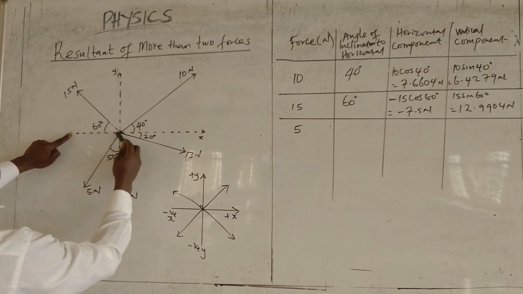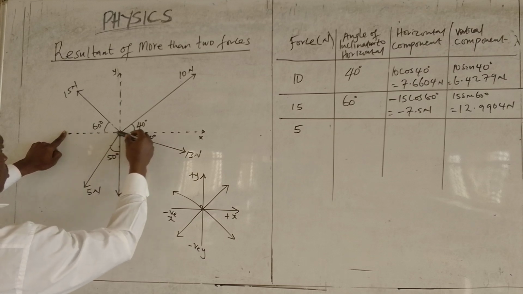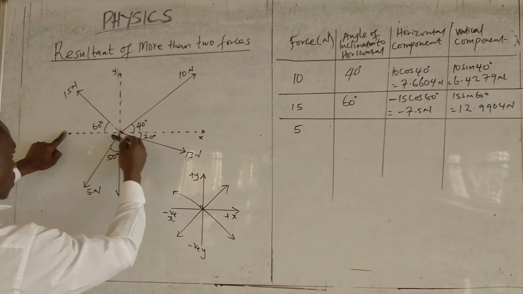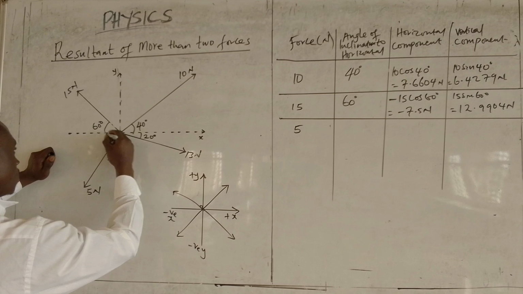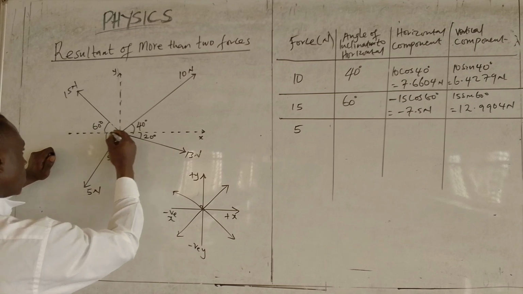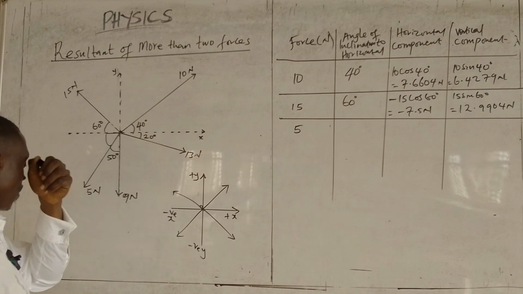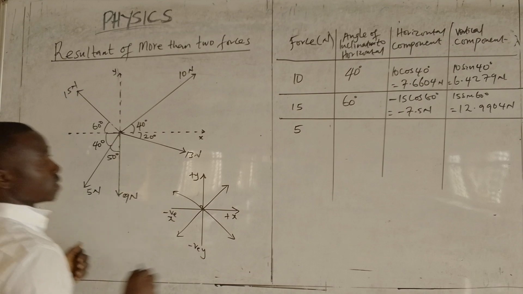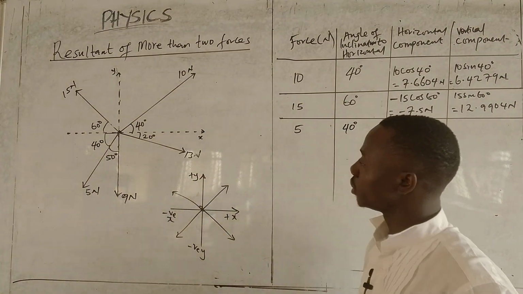So we need the angle between this force and this line. But we are given the angle between the force and the vertical. So if here is 50, what is this angle here going to be? This is the angle we are looking for. From here down here is 90 degree, that's perpendicular. So 90 minus 50 is 40 degrees. So this angle is 40 degree.